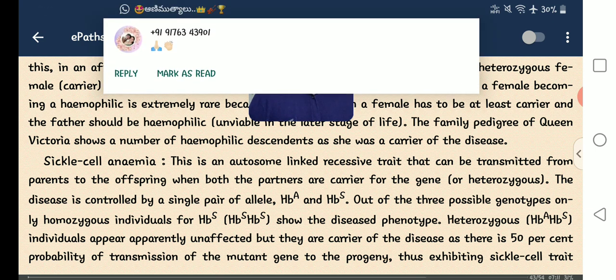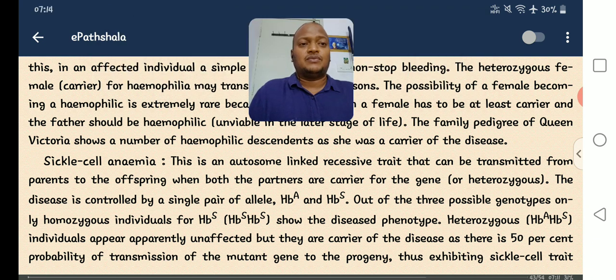If one parent is affected and the other parent is normal, expression of the disease in the children is not possible. Both parents must be carriers, that is, heterozygous: one parent having one recessive gene and the other parent having one recessive gene.